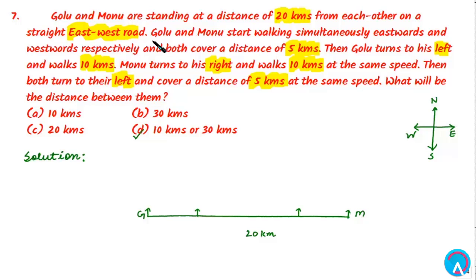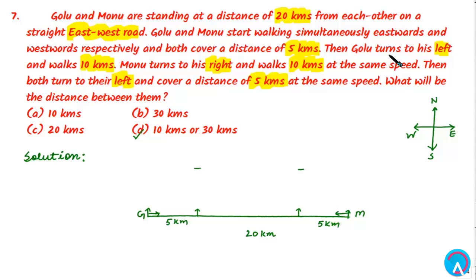So Golu is traveling eastwards, in this direction, and travels a distance of 5 kilometers. That means Golu will reach here, and Monu is traveling westwards, covering a distance of 5 kilometers, and will reach this position.